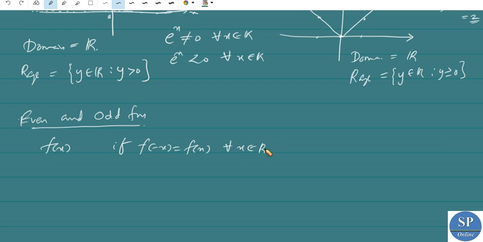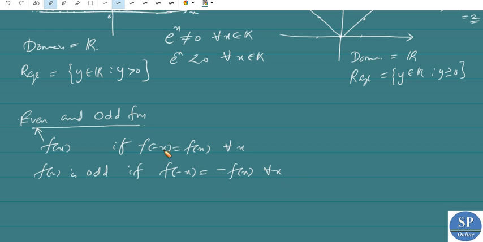If it is defined from R, then for all x belonging to R. If f of minus x equals f of x, then we can say that the function f of x is even. And a function f of x is odd if f of minus x is equal to minus f of x for all x.